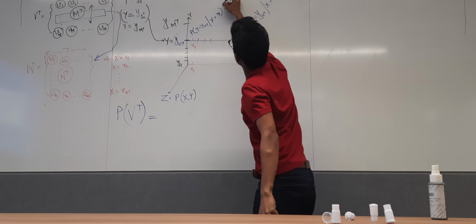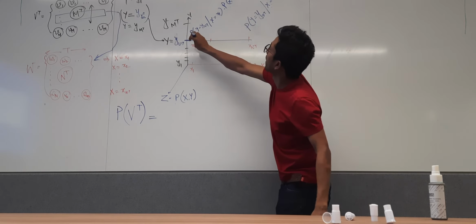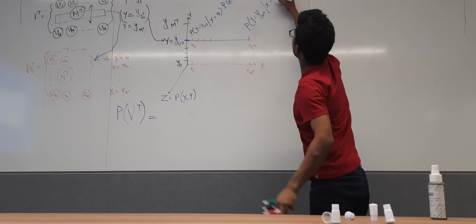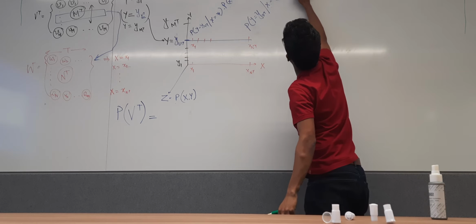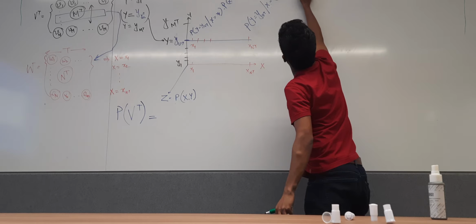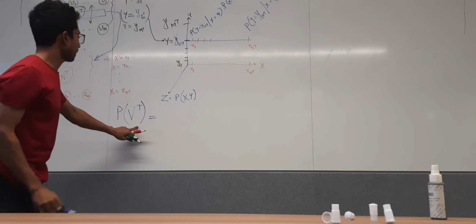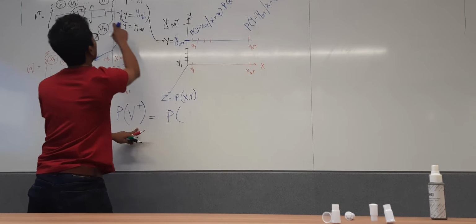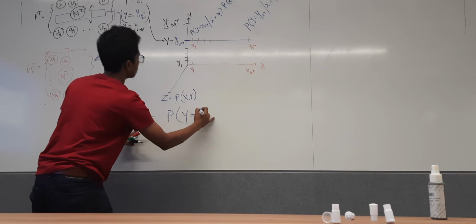Actually I have to multiply by p of x equal to x1, because this will give me the joint distribution of that line coming out of here. So I multiply with p of x equal to x n to the power t. So we are looking at this thing, which is nothing but a marginal distribution of a random variable.